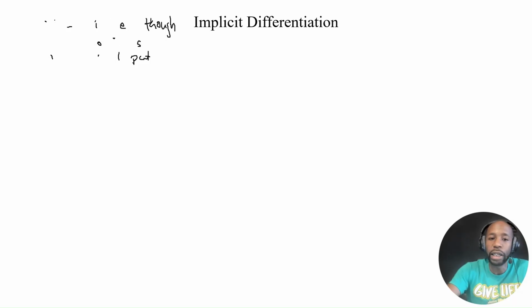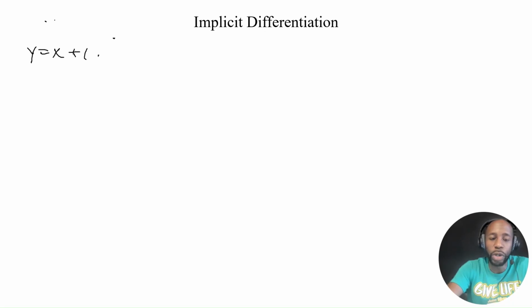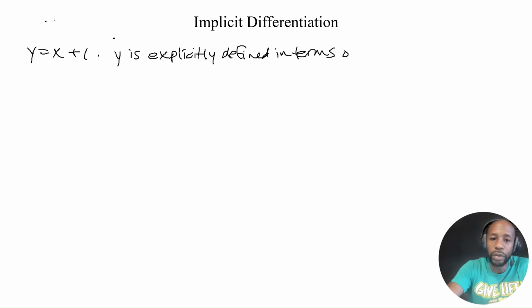Now, a lot of the equations that we're used to taking the derivative of, or differentiating, have a variable which is explicitly defined in terms of another variable. For example, if you look at y equals x plus 1, in this situation, y is explicitly defined in terms of x.